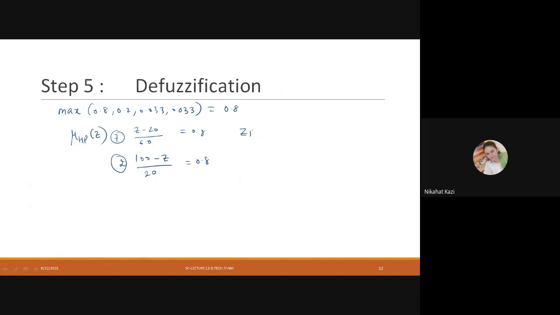These are actually Z1 and Z2 that you're going to find. The function is there, but it is clipped off if you remember. These will be the endpoints. This will be Z1 on the Z axis. This is 0.8 and this is 0.8. Mean of max you're applying. This is Z1, Z2. Take the mean of that, you will get Z star, right? So Z1, what are you getting? Solve this equation. Tell me the value of Z1.